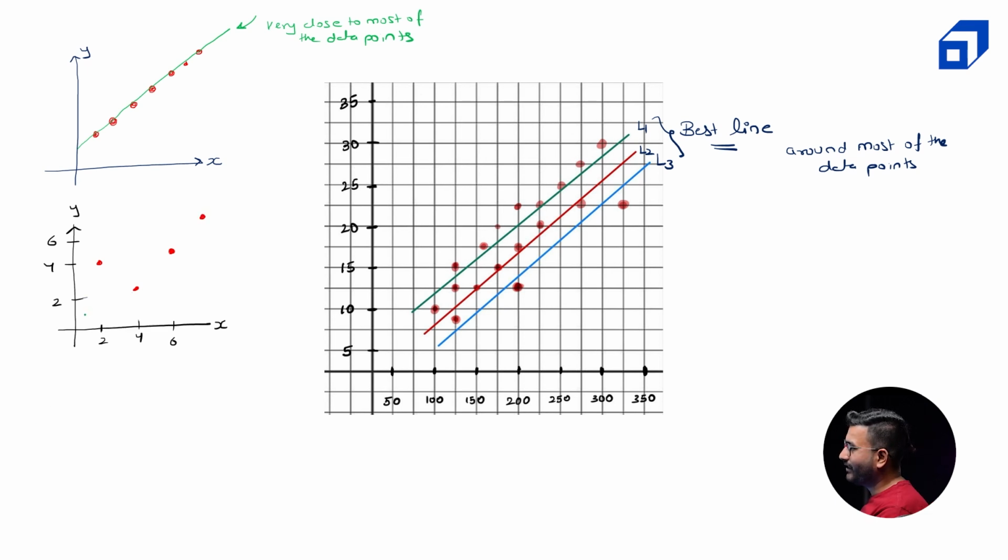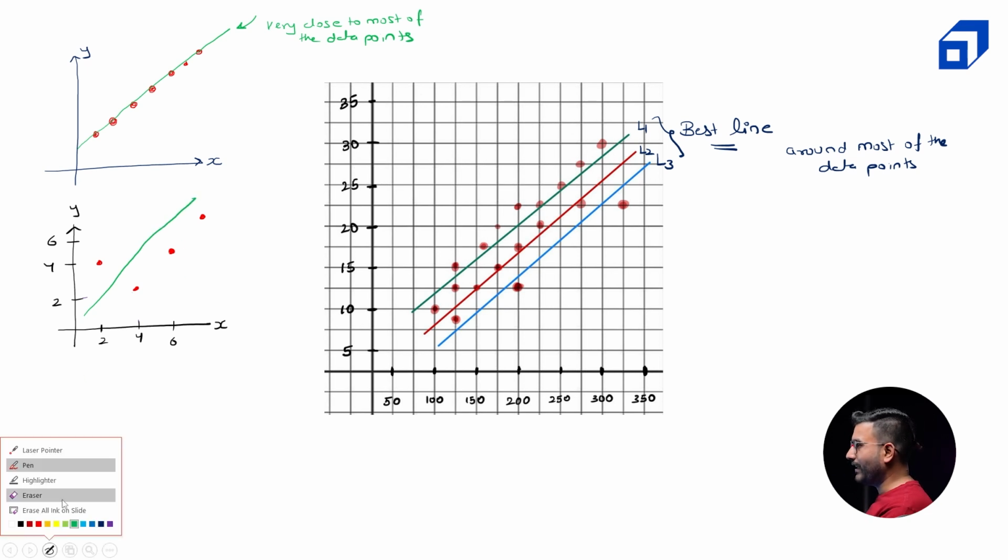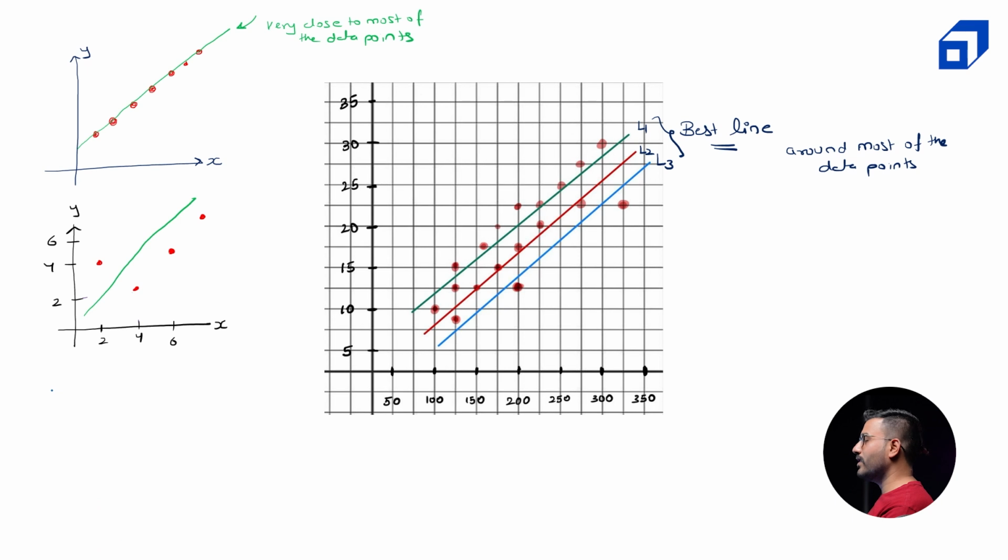Now let's say this is my best fit line. Now let's try to understand what is going to be the actual and what is going to be the predicted value. So for x equal to 2, this is x equal to 2 over here.